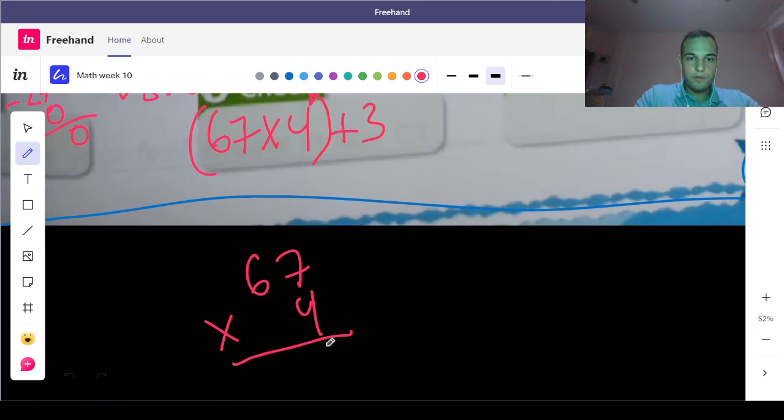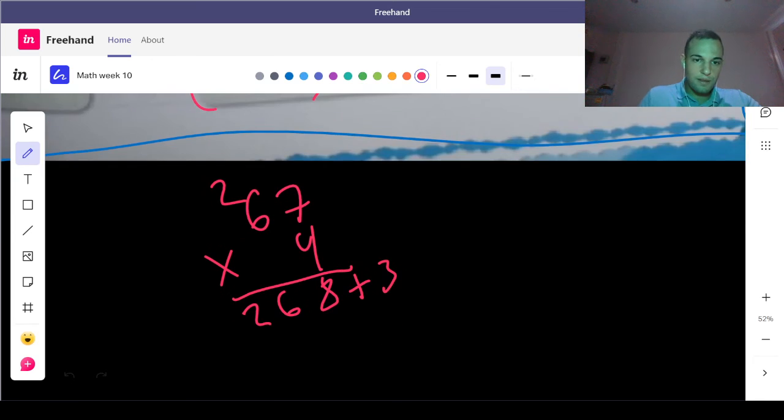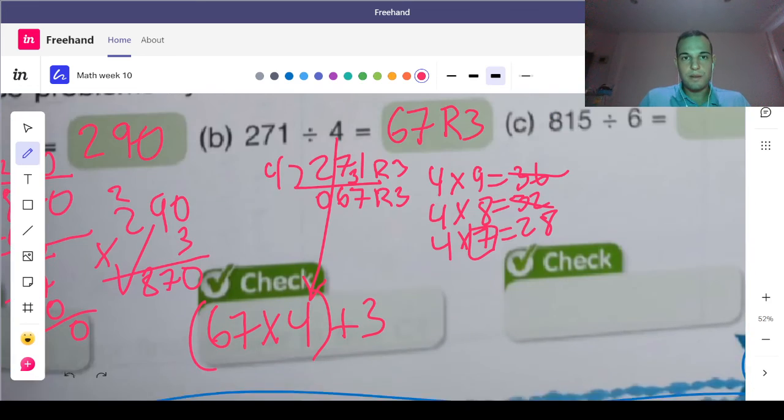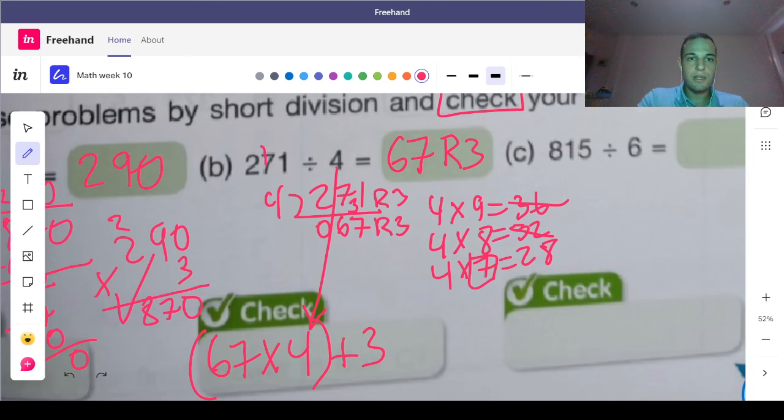So 7 times 4 is 28. 4 times 6 is 24. Plus 2, 26. Plus 3. All right, so 28 plus 3. So bring a 1 here and a 1 here. We have 271. Did we start with 271? Yes, we did.